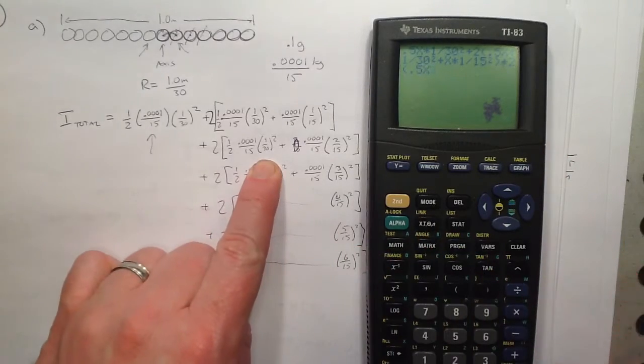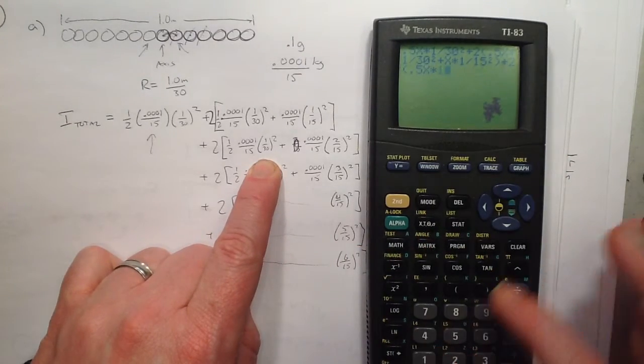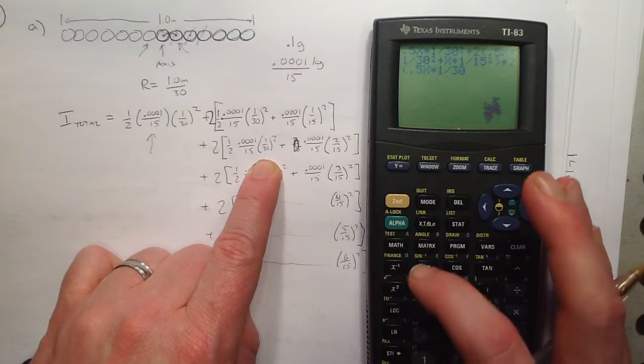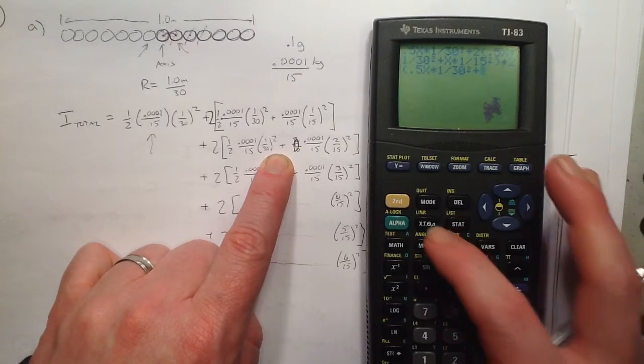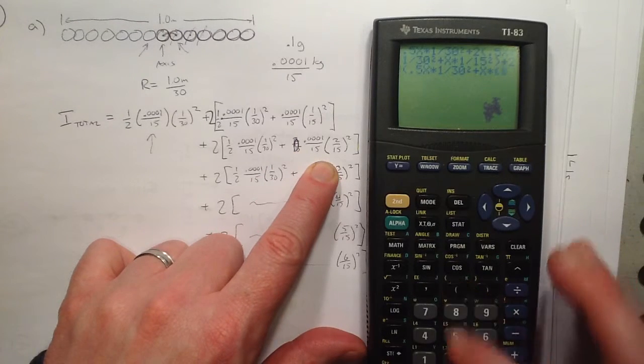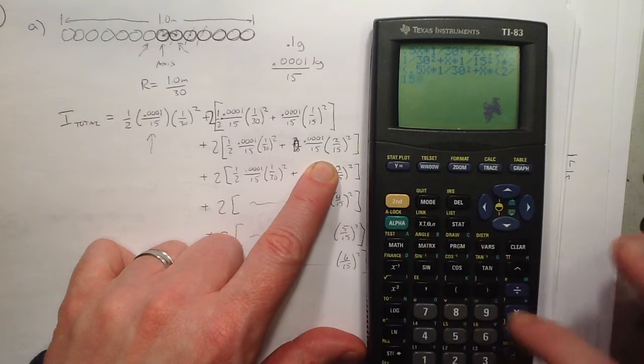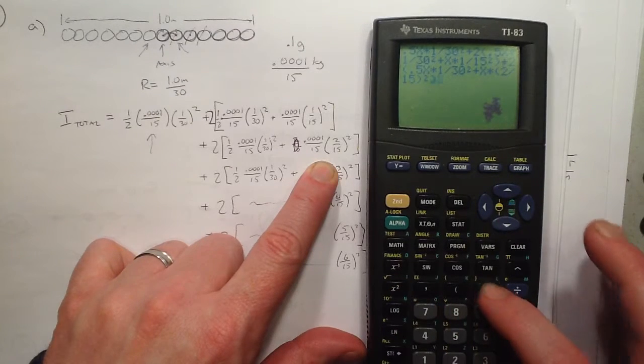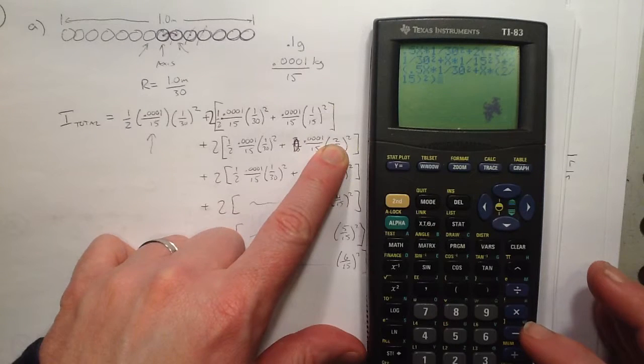x times 1 over 30 squared plus m times 2 over 15 squared. I had to put that whole thing in parentheses, since the denominator is not 1 anymore, right?